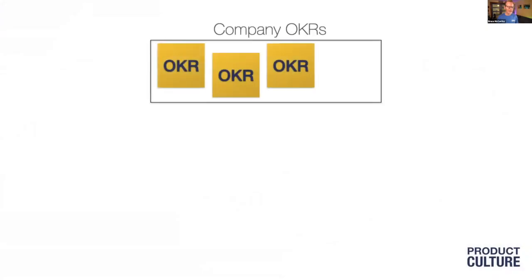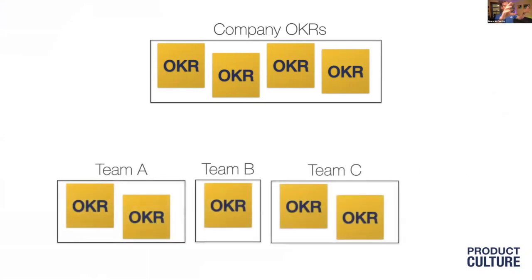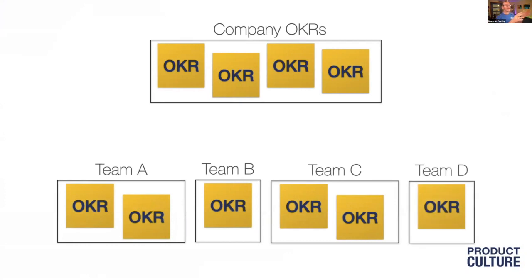So to get the alignment that we're talking about, I want you to not cascade goals. I want you to align them. Think about, let's say there are some company goals, and they are hopefully not too many, maybe 3, 4, maybe 5 at the most. And then you've got a bunch of teams and they've got their OKRs.